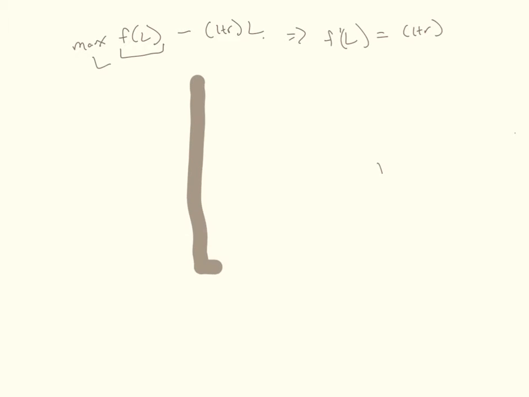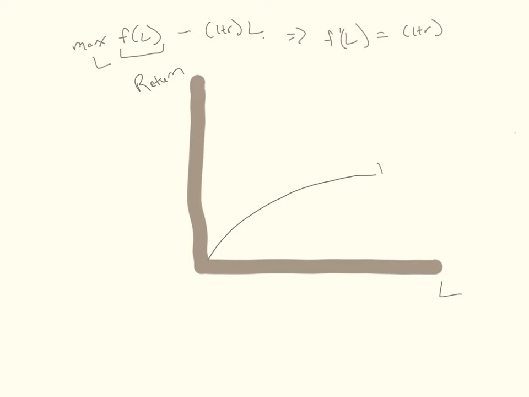Drawing our axes. We have return, our investment L, assume positive diminishing marginal returns, and where do we invest? Well, where marginal return has the slope equal to marginal cost.